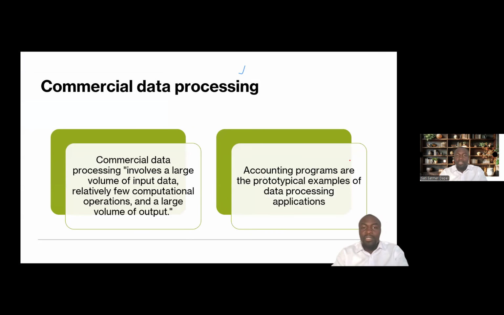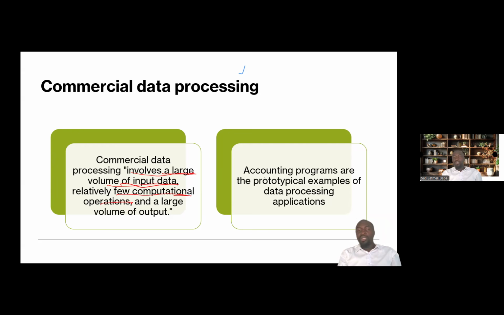Now, commercial data processing on the other side is like the inverse. It involves a large volume of input data with relatively small operation. Large volume of data with few computational operations. Maybe you are trying to process staff payroll.